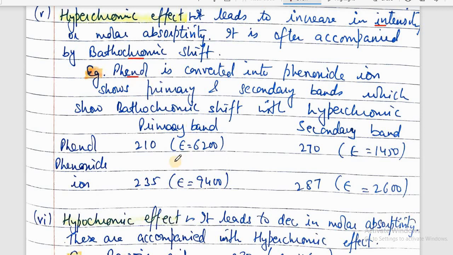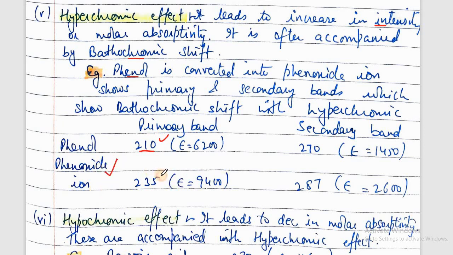In phenol, the absorption maximum is 210 nanometers. But when H positive is removed, that is, when it is the phenoxide ion, the lambda increases and becomes 235 nanometers. What we are actually seeing is an increase in intensity. Intensity is judged from the value of epsilon.